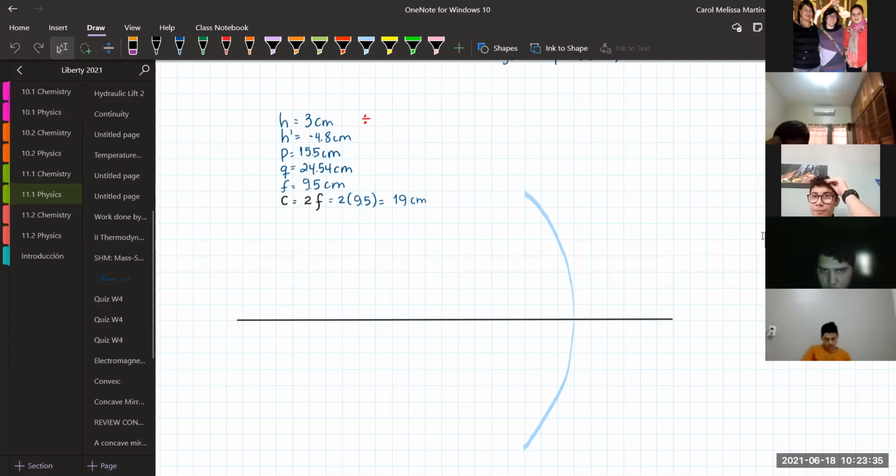So I divide each number by 2, which means that my scale in the end is 2 over 1.